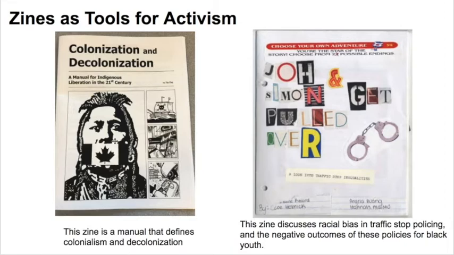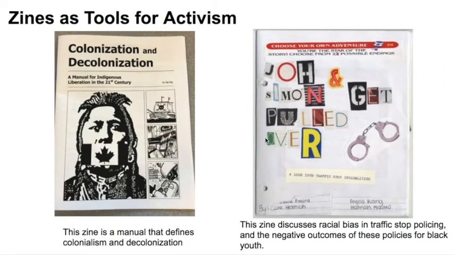On the left here, this is a zine called Colonization and Decolonization. And it's about the colonization of the Americas, how Europeans came over, settled on Native American land, and what we can do today to give that space back to Native Americans.